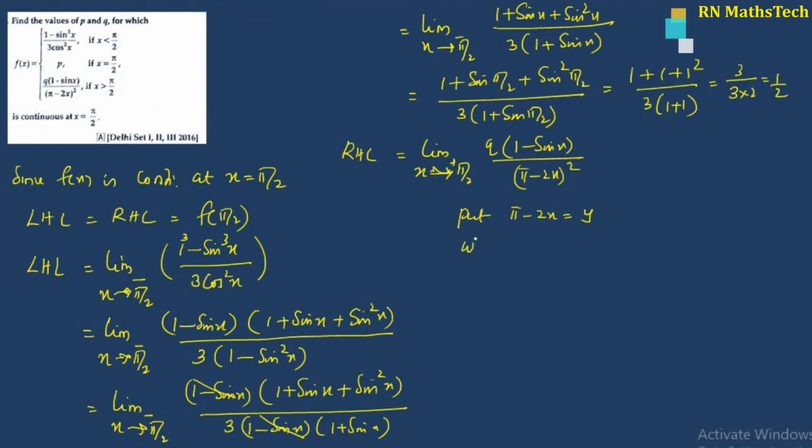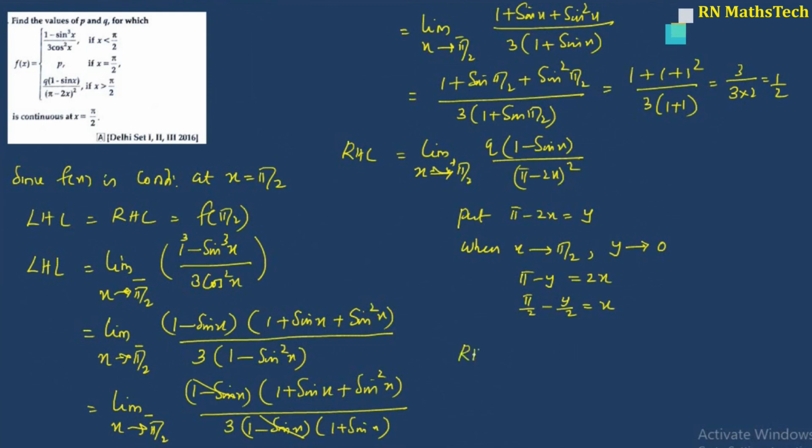So when x tends to pi by 2, y tends to 0. Now pi minus y equals 2x, or pi by 2 minus y by 2 equals x. So x can be replaced by pi by 2 minus y by 2.